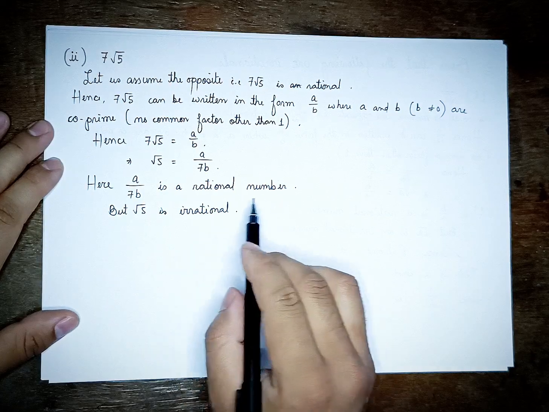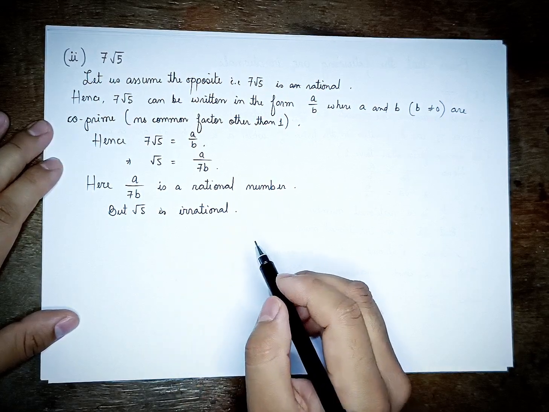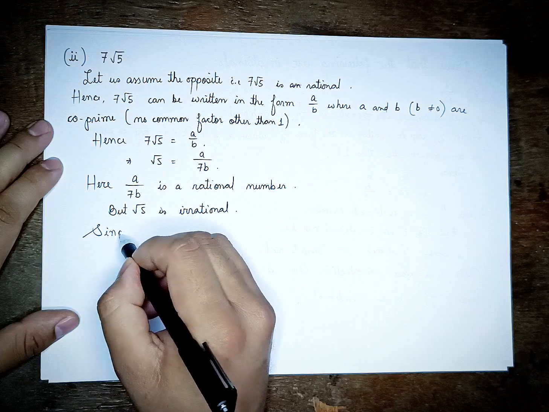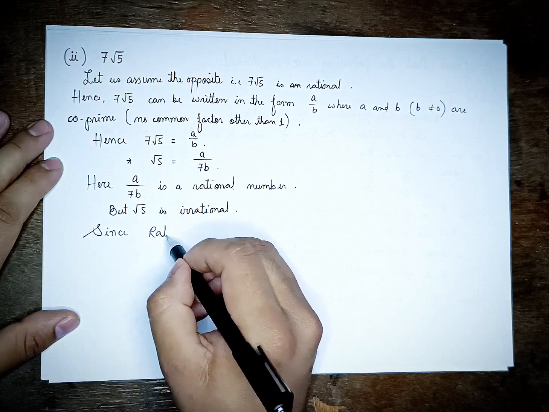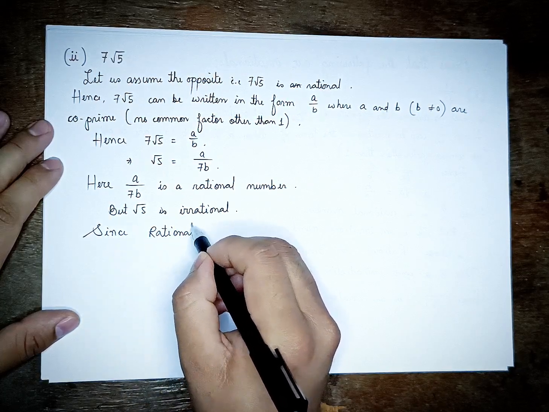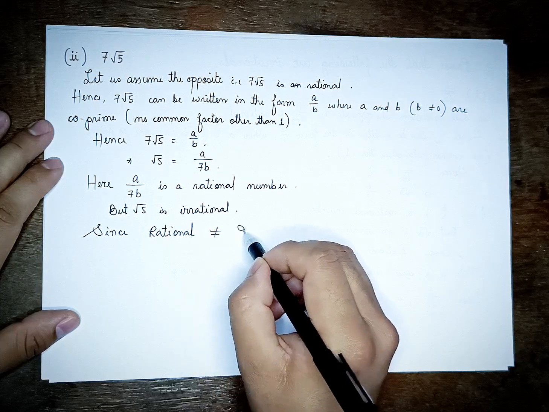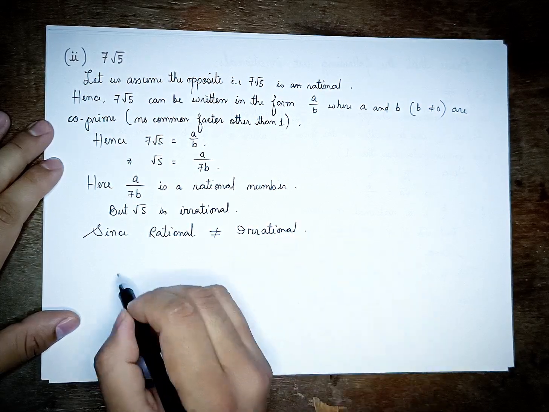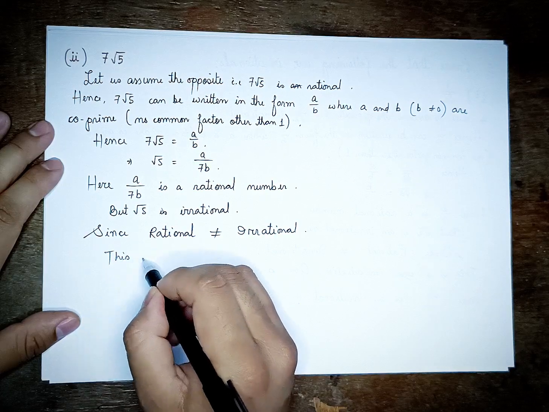Since we know that rational is not equal to irrational, there arises a contradiction.